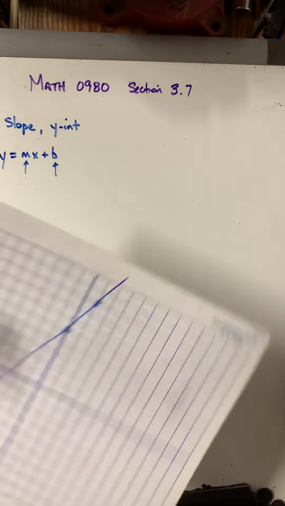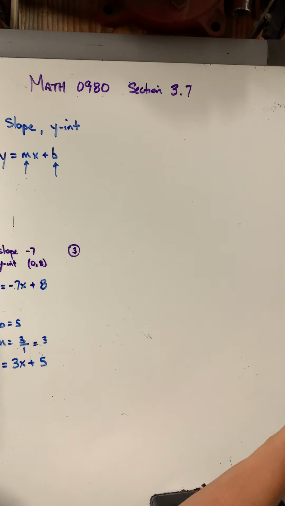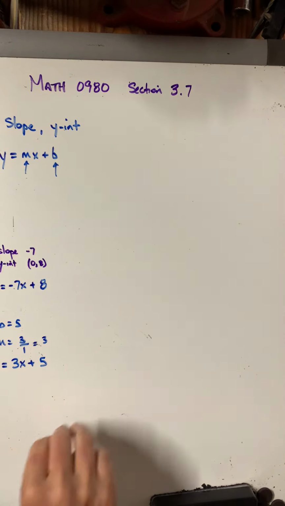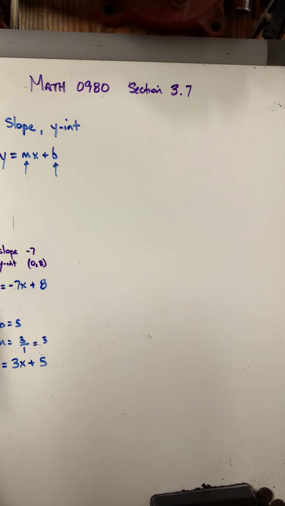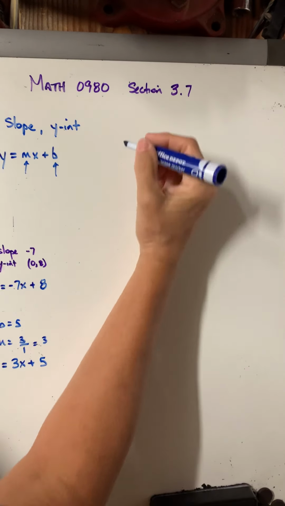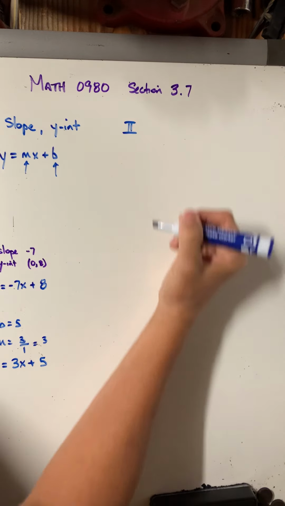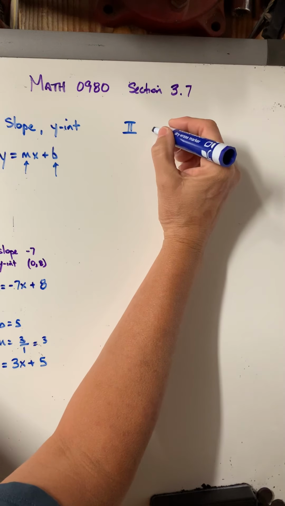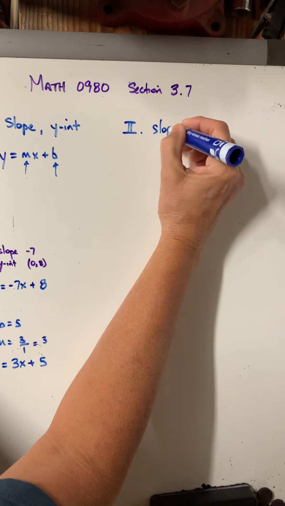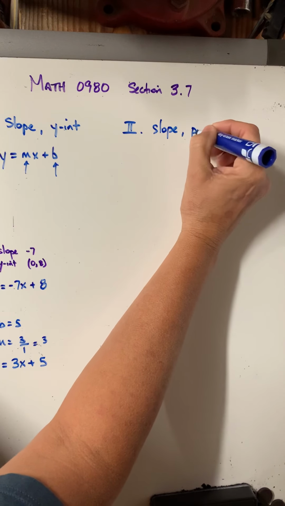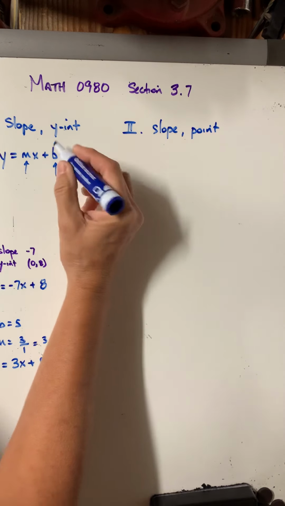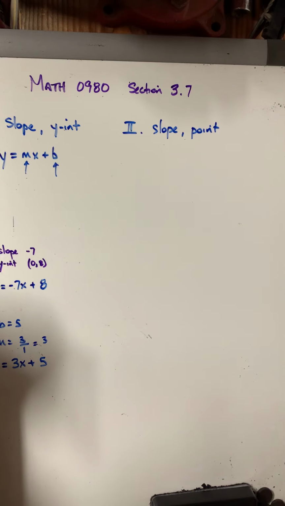Okay, so we're going to get a little more difficult as we go along. So question number 4, what happens if they give you the slope and just another point, but it's not specifically the y-intercept point?